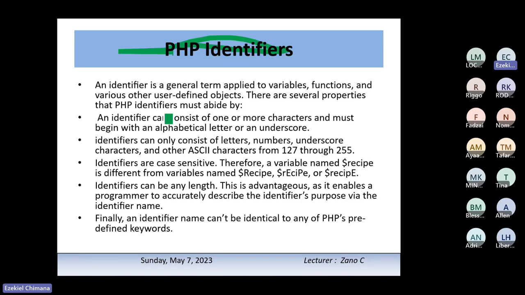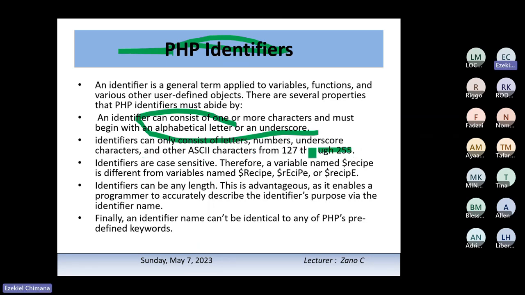An identifier can consist of one or more characters and must begin with an alphabetic letter or an underscore. These are the rules if you want to name a variable. Identifiers can only consist of letters, numbers, underscores, and other ASCII characters.